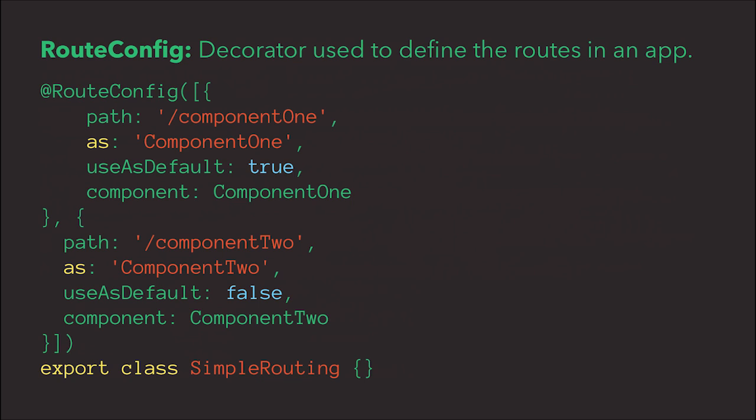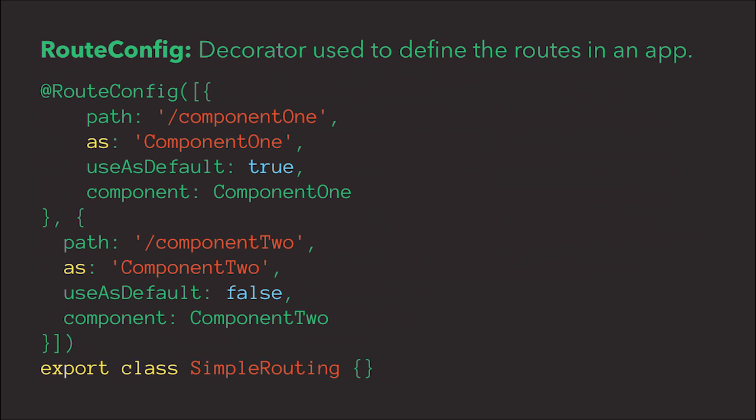Some of the properties that you can provide are the path that will be used for the component, then either as or name, which is the name that you'll use to refer to the component throughout the application. There is an optional use as default, so if you land on this component and there's no routing that will match, it will default to this route.